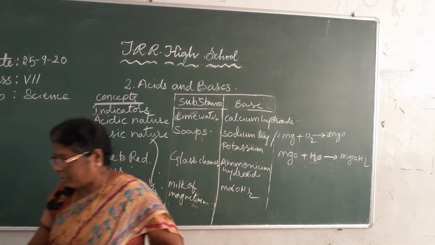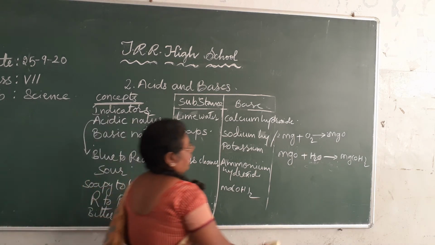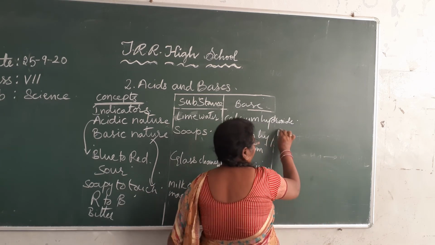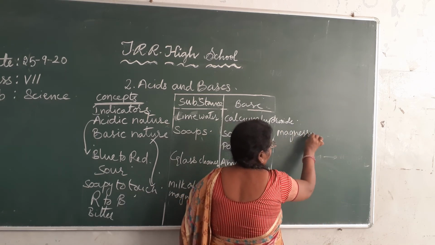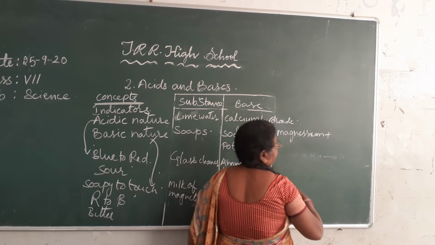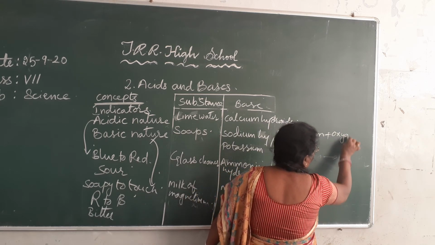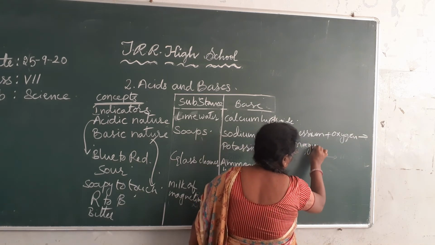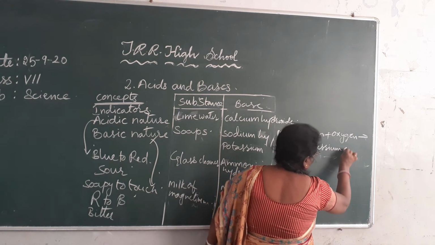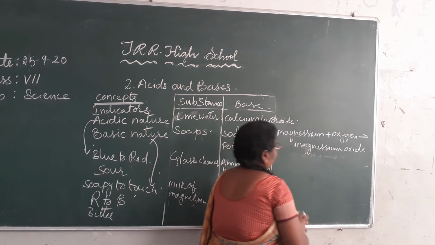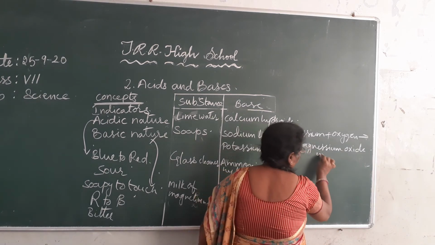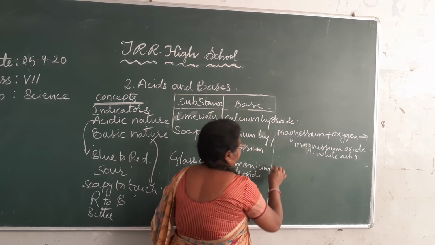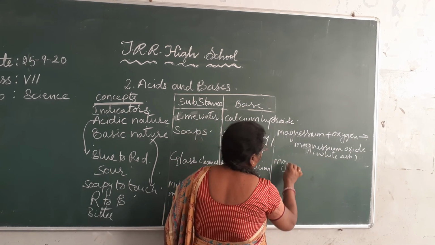Because you don't know the symbols and formulas, I write it with the magnesium: magnesium burns in air, that is oxygen, and forms magnesium oxide, which is white ash.